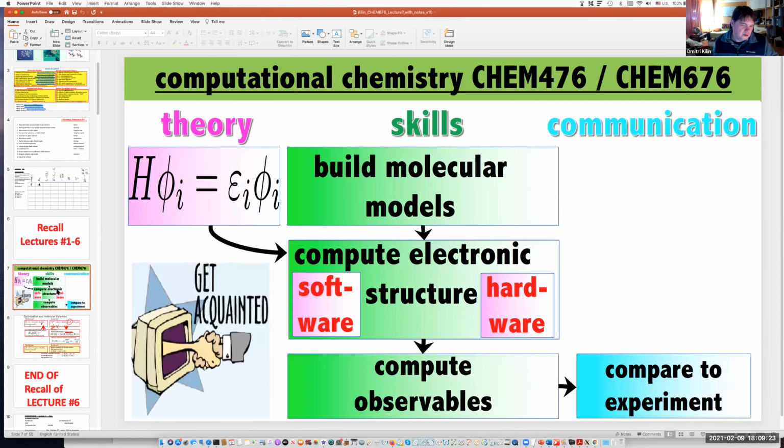So the class combines theory, skills, and scientific communications. We are getting through background, build atomic models that you already know how to do, and then we will launch correct software on correct hardware to predict properties of materials and compare them with experimental properties of molecules.